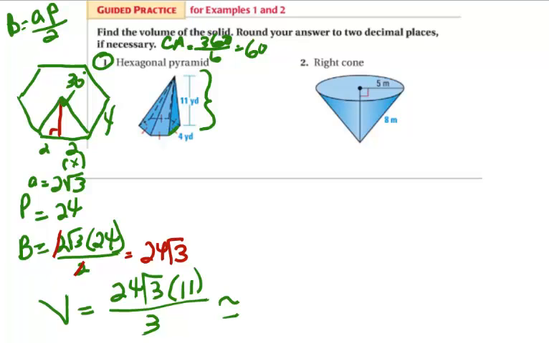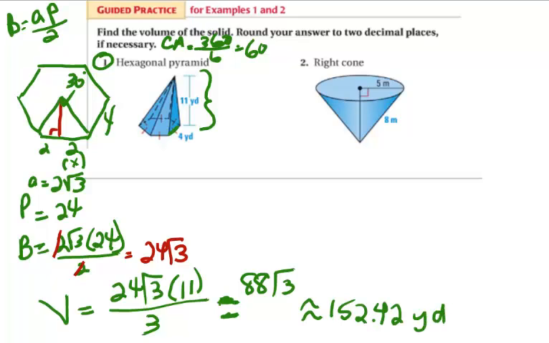First let's look at exact: 24 divided by 3 is 8, times 11 is 88 square roots of 3. That's exact, so I get the equal symbol. If I want approximate, put that in your calculator, and I will get 152.42. And that is yards cubed. Volume is always a cubed unit.